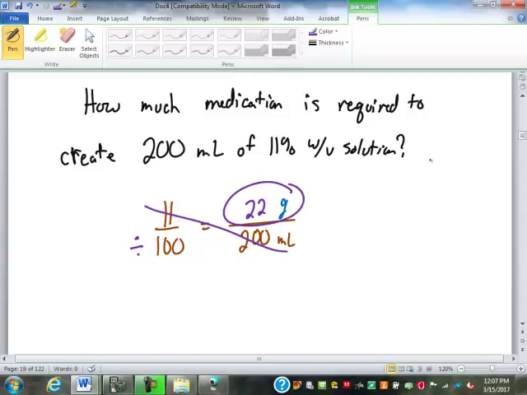Now, like I said, we cannot ask how many milliliters of saline are required because we don't know exactly how that's going to work out.